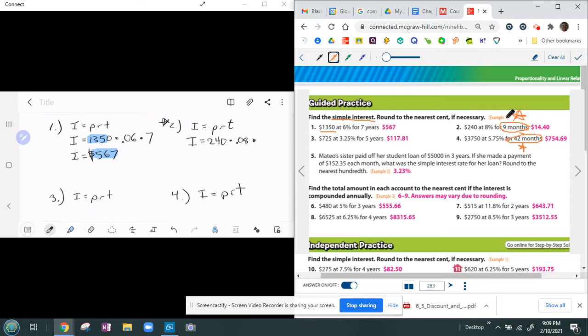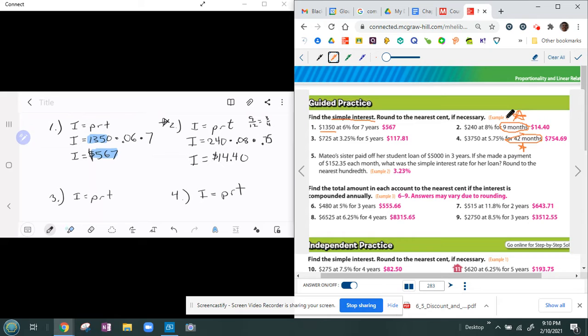Okay, so how many years is 9 months? Well, to convert months to years, we just divide the number of months by 12. All right, and that would equal 3/4, which we can put in 0.75 just because it's easier to type in a calculator. All right, and then when we multiply that together, we get that $14.40 worth of interest earned.